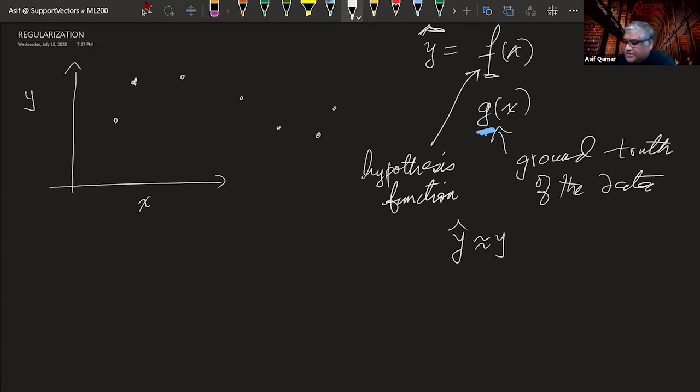In other words, Y, the real value, is Y hat plus some error, and you want this error to be small. A good model is one that makes fairly accurate predictions that are close to the real values of Y.